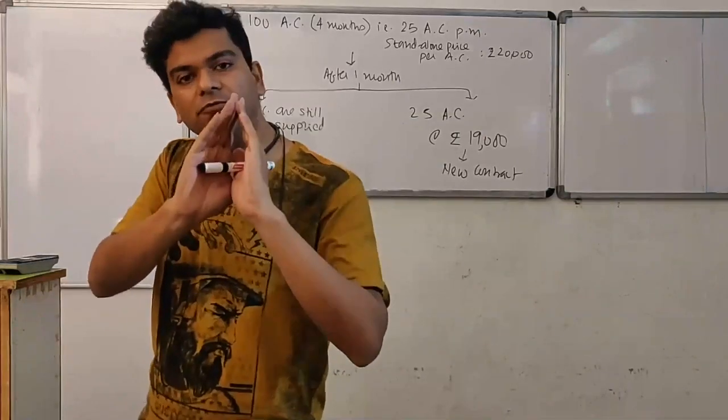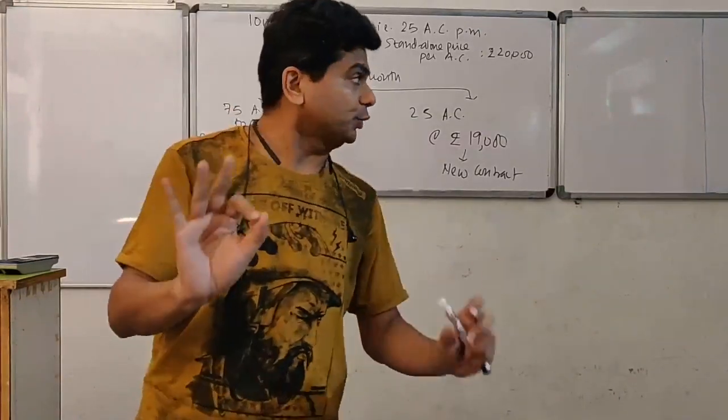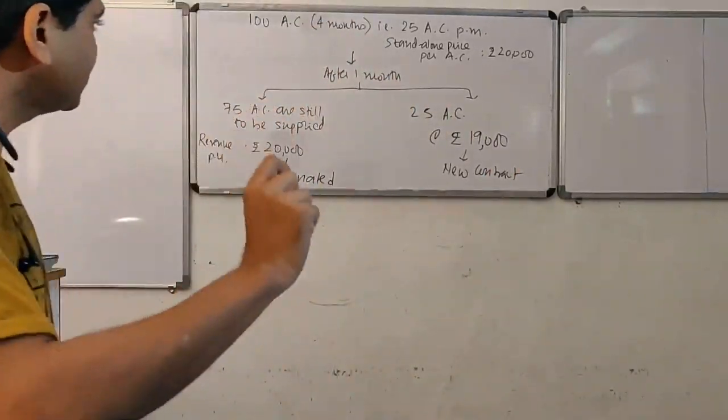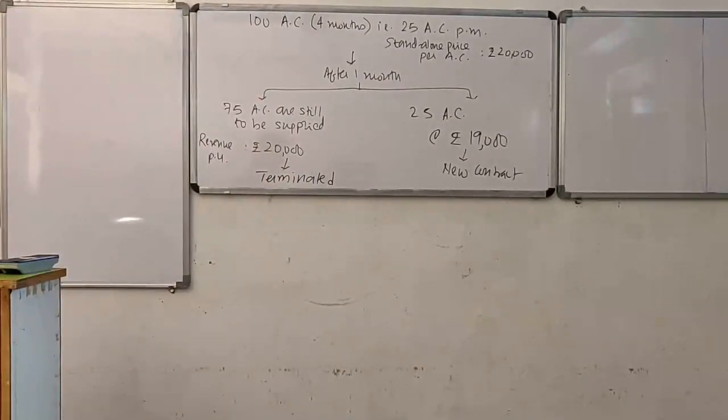Right? So very quickly, if we go through the entire concept, please understand it. Scope of the contract is increasing because new goods or new services are added, and the consideration also increases at the stand-alone price. Then consider this as a separate contract.